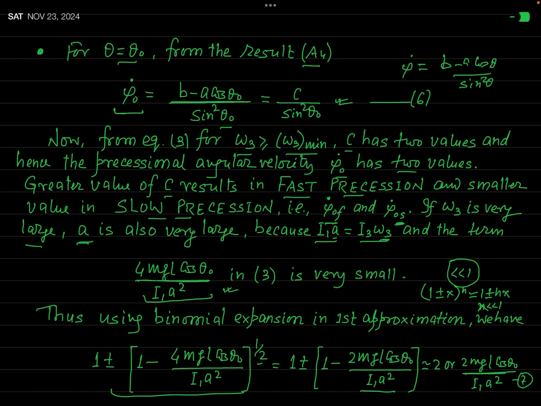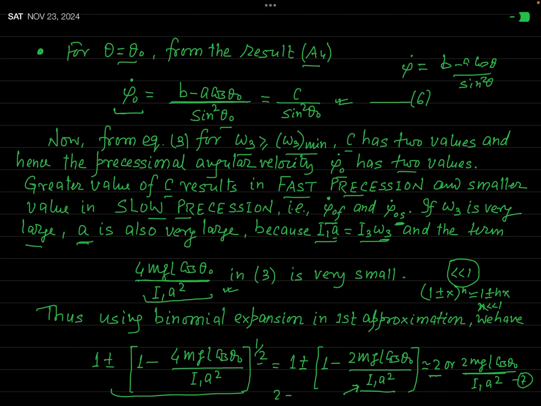Now you can see when you take this plus sign, then your result will be 1 plus 1, that is 2, minus this factor. But in comparison to 2, we can neglect this second term. So in this condition you can say that this expression is almost equal to 2 only.